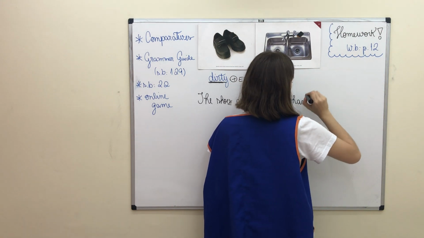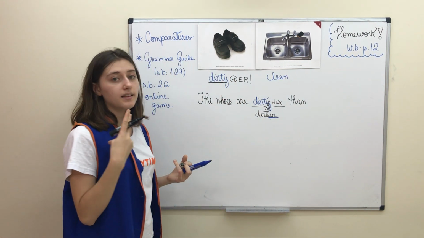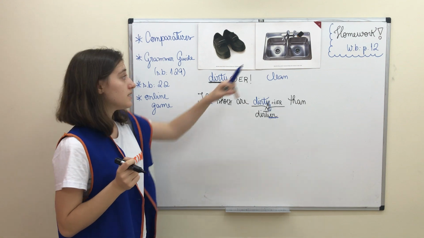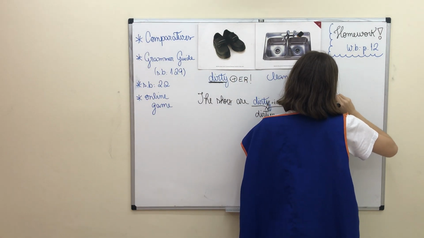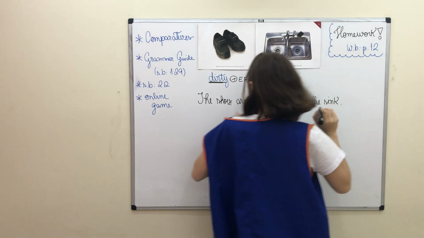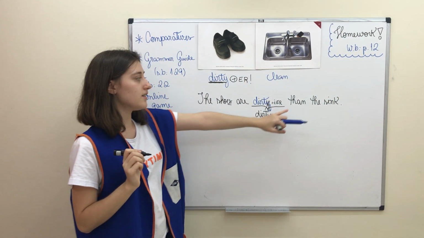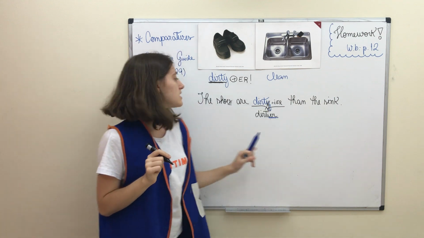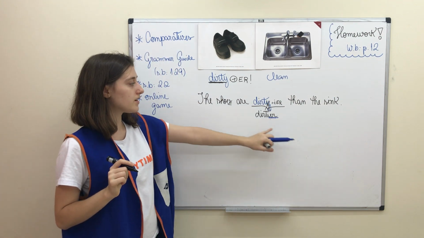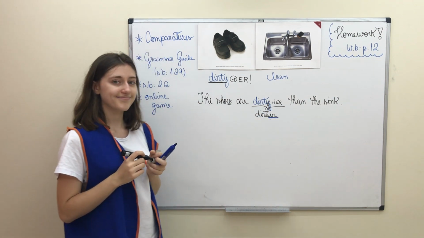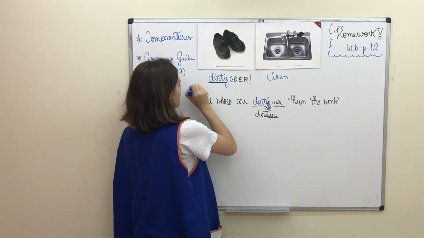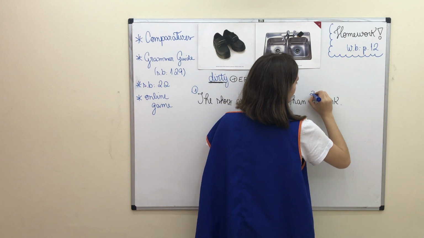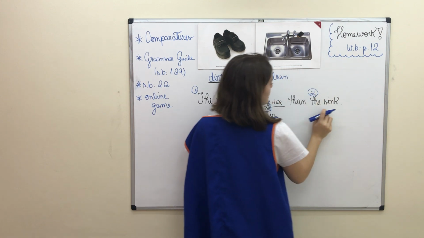Then, do que, and the second thing that I'm comparing, the sink. The shoes are dirtier than the sink. Repeat. The shoes are dirtier than the sink. So here I started with the shoes, and my second thing to compare was the sink.